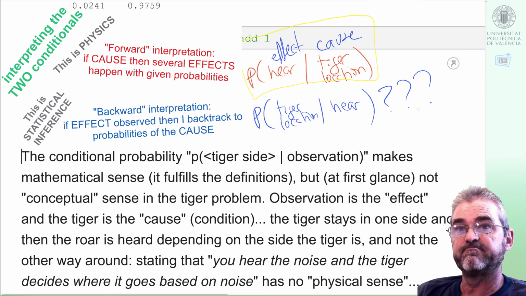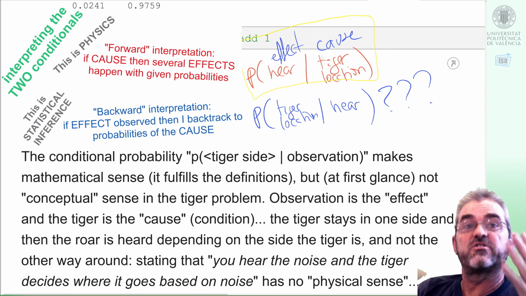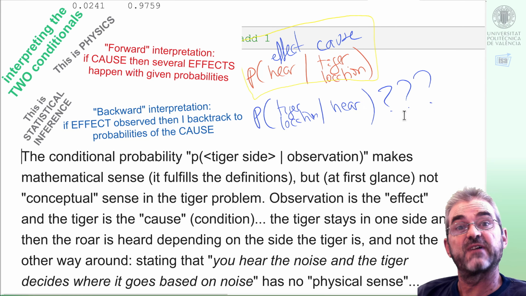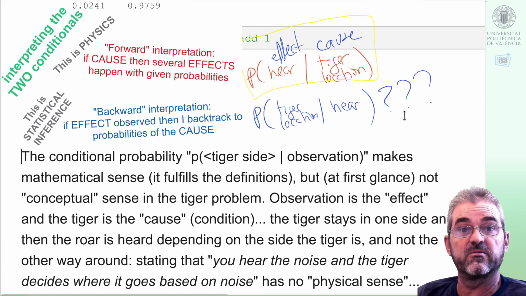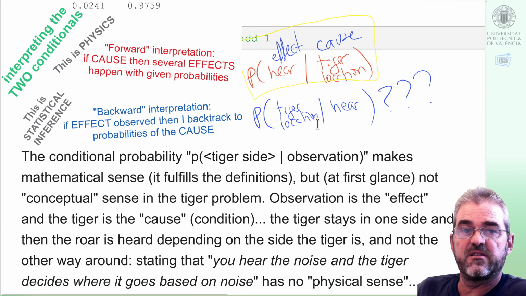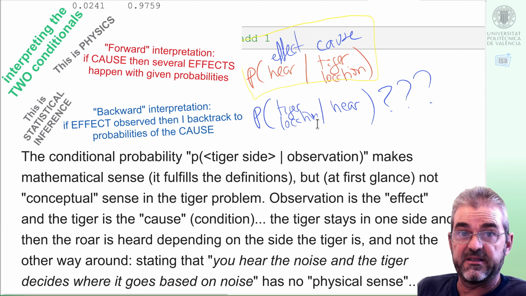So somehow the first is used in the modeling, the cause and effect decomposition of my problem, and the second is used for actions. This is what we call estimation, which we'll delve into in the next video. We use this second conditional to build what we call posterior probabilities.